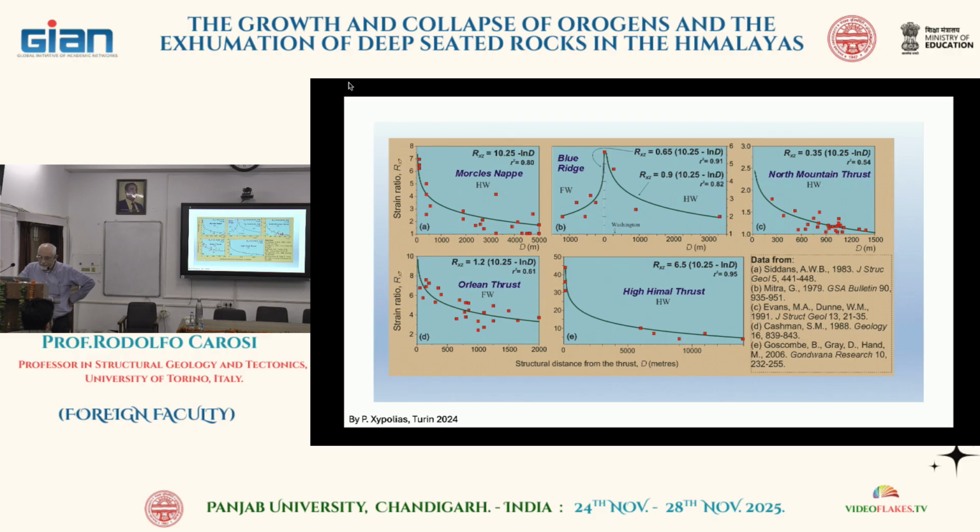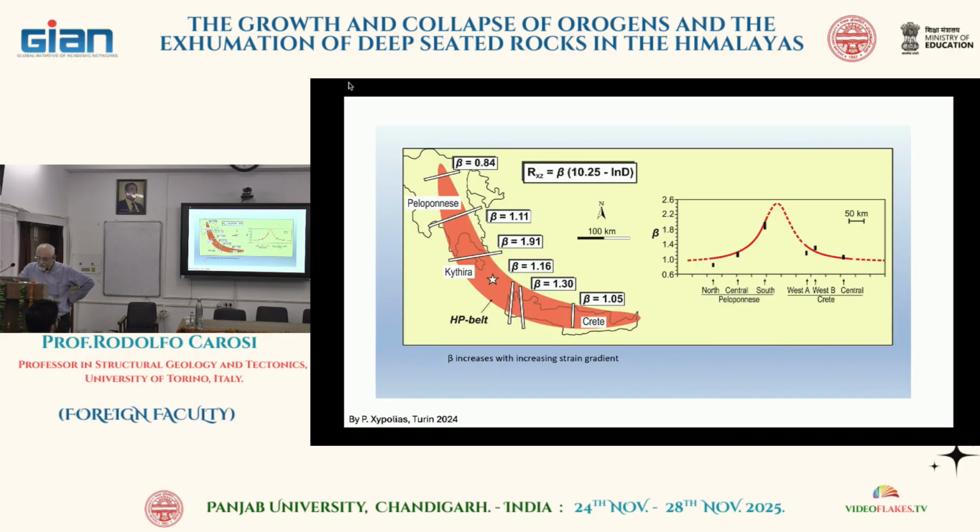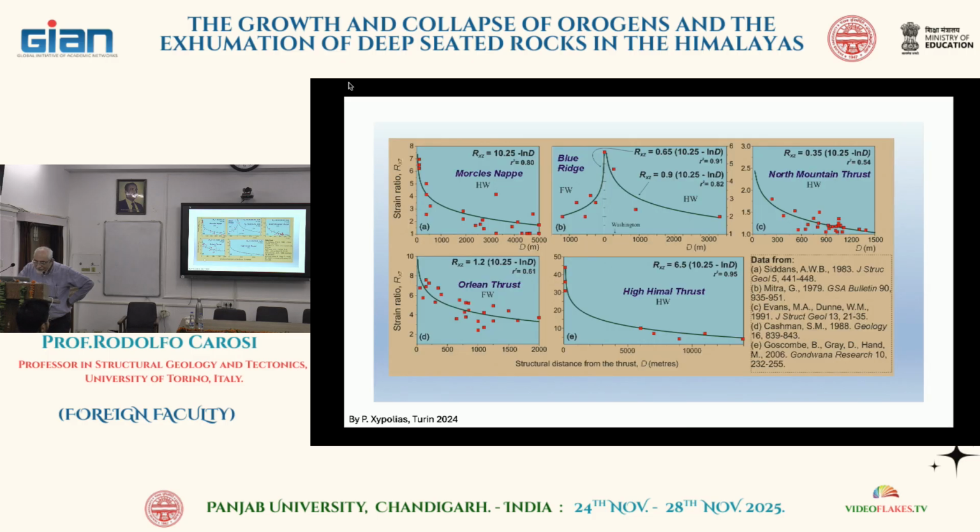Okay, he also calculated some other different parameters, but I don't remember what the beta value is, more or less. Okay, and at the end, he made also a general comparison of the strain values in different situations all over the world.